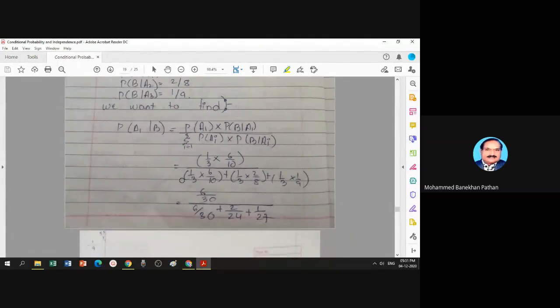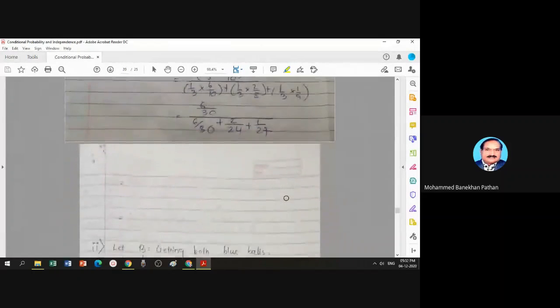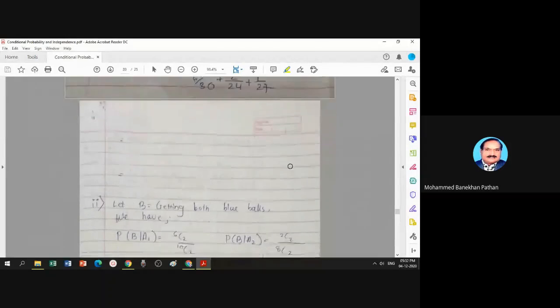This is the calculation for partition 1, same as the numerator, plus the chance of getting the second partition multiplied by the chance of getting blue from the second partition, plus the chance of getting the third partition into blue from the third partition. After this, you can simplify by algebra or by calculator, and you will get the answer.